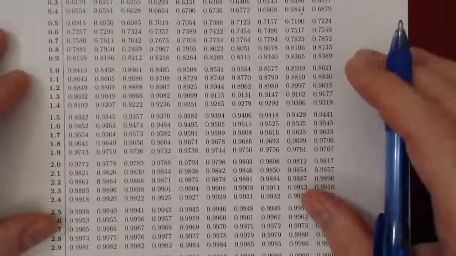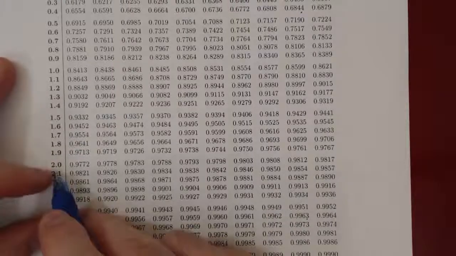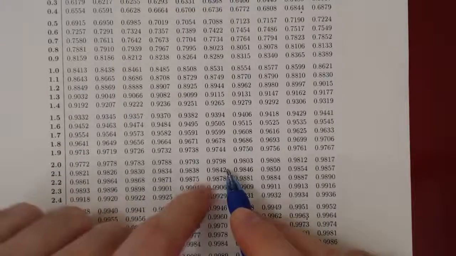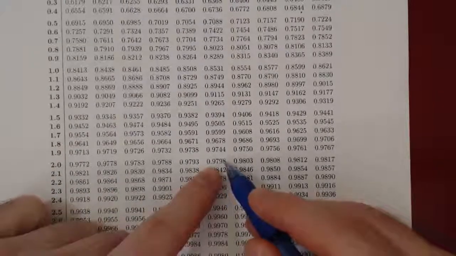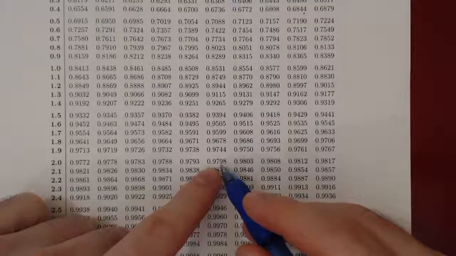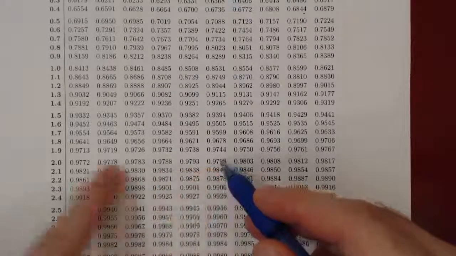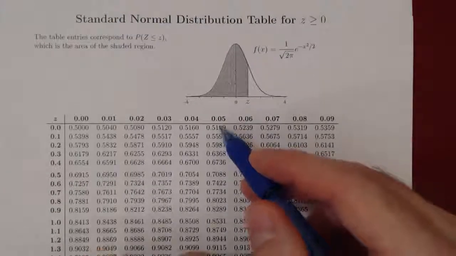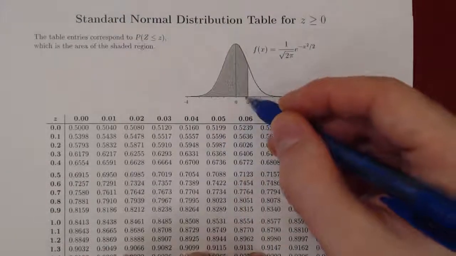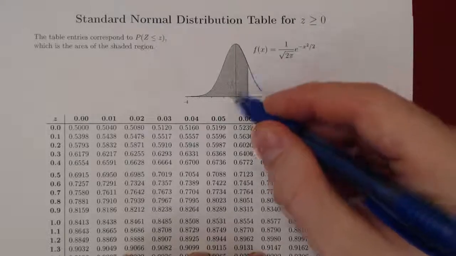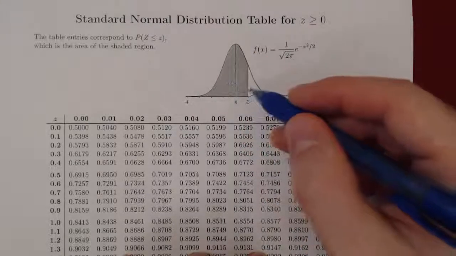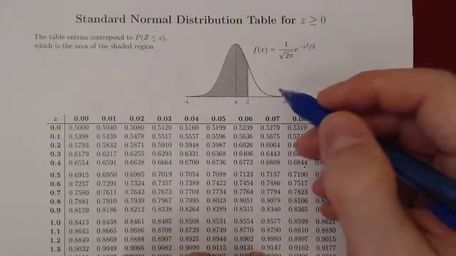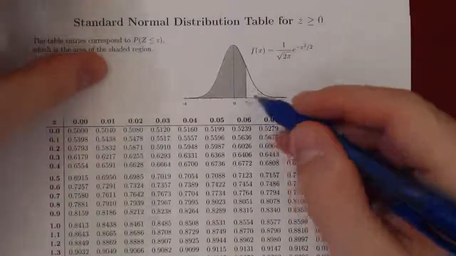And if we look in our table, 0.9798 is the closest to 0.98. And so we find a corresponding z-score of 2.05. So you see, if the z-score is 2.05, the area to the left is 0.98, so to the right is 0.02. So our z value is 2.05.